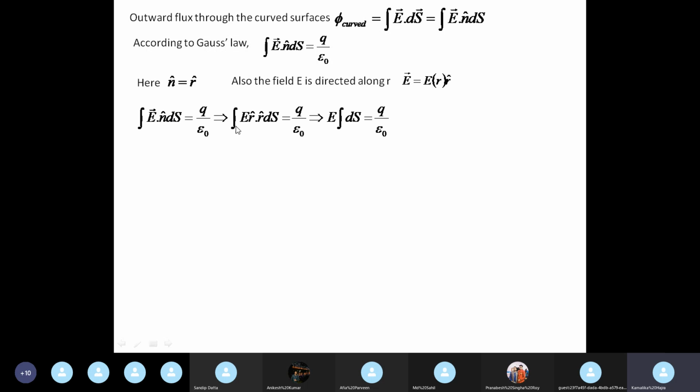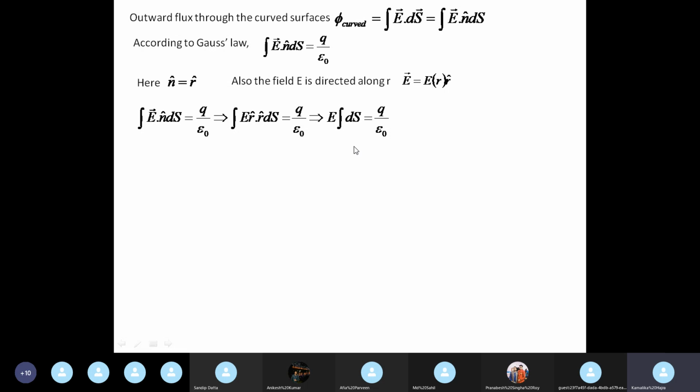So E dot n cap ds equal to q by epsilon naught gives E r cap dot r cap ds equal to q by epsilon naught. So E integral ds is q by epsilon naught. This part is the same as the point charge, but of course here ds is different.